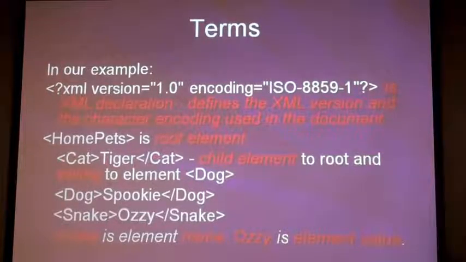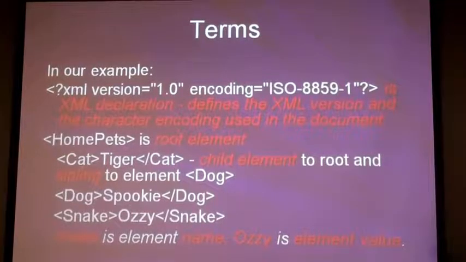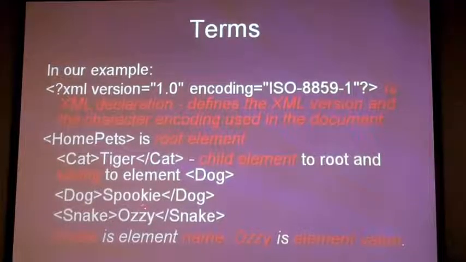All elements which are located within the root element are essentially children. We are saying the root element is the parent. Elements which are located at the same nesting level, because cat, dog, and snake here are on the same nesting level, right? They are not included one within each other.